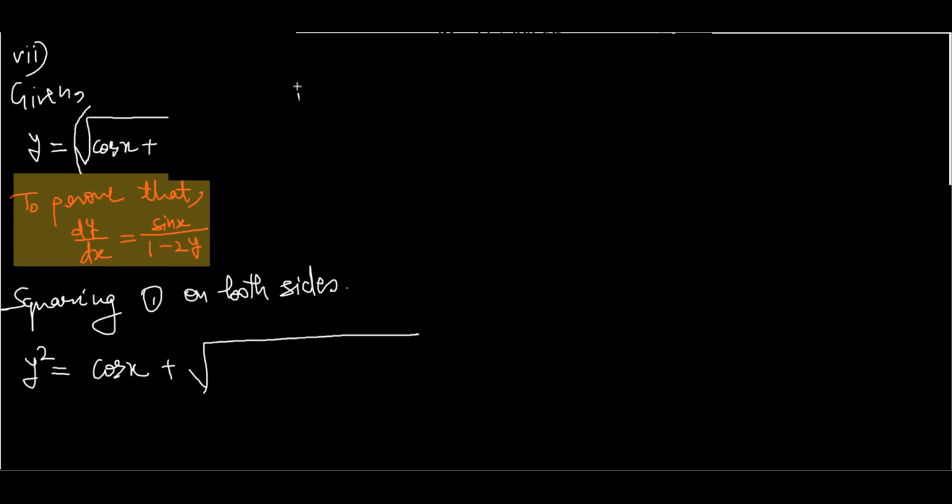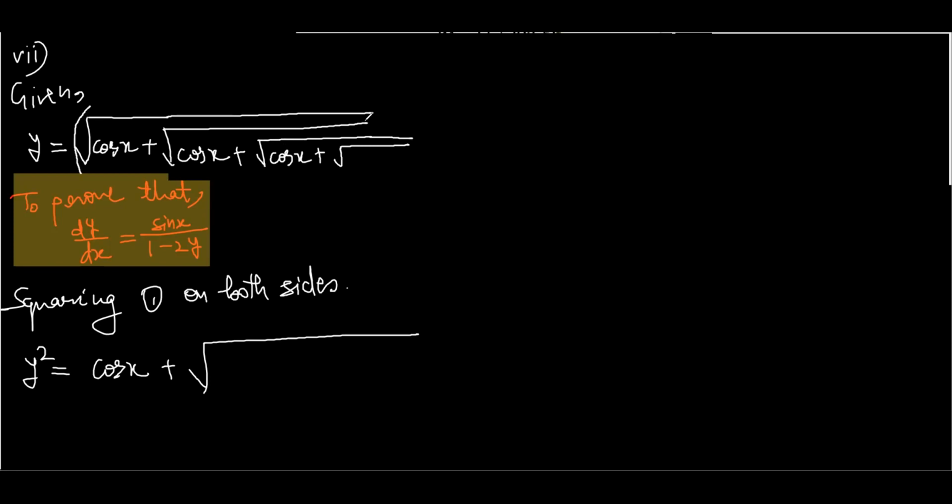It is root of cos x plus root of cos x plus root of cos x plus root of, and like this till infinity. Okay, so I had missed this cos x. I forgot to write it. Now I hope it is clear.